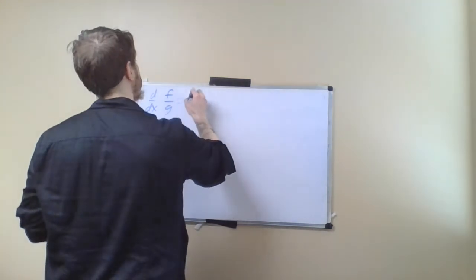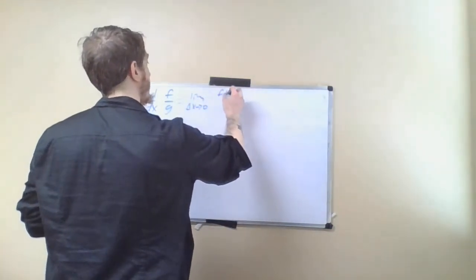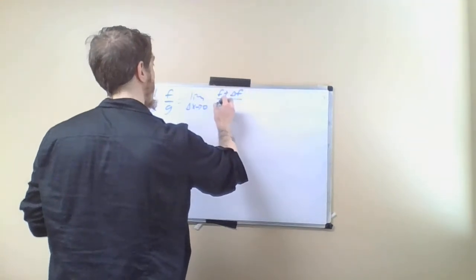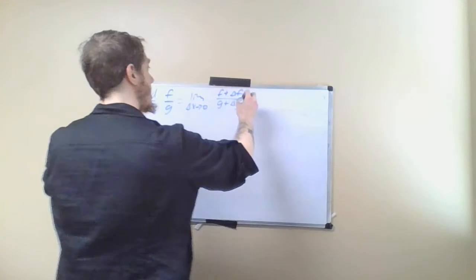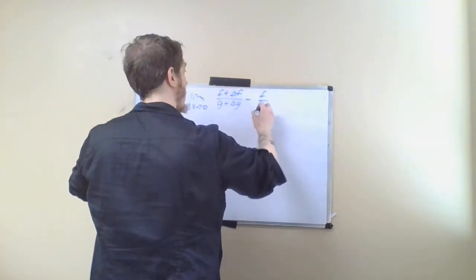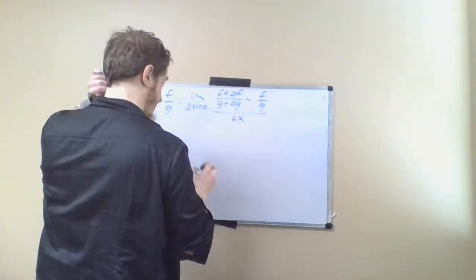So we can say, well, this is going to be the limit as delta x goes to 0 of f plus delta f divided by g plus delta g minus f over g, all divided by delta x.